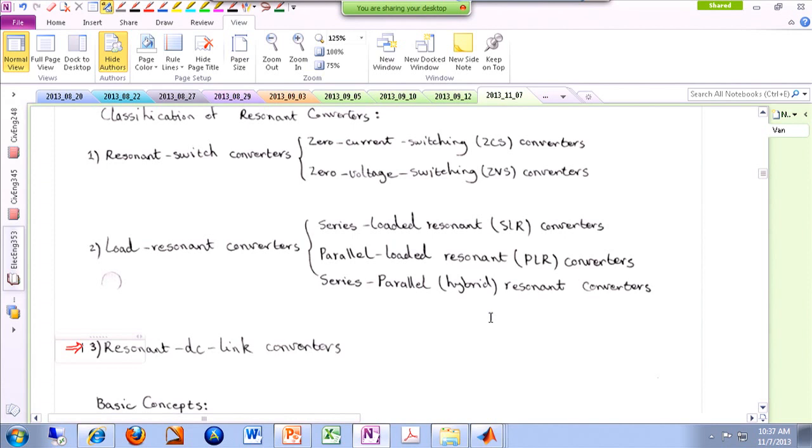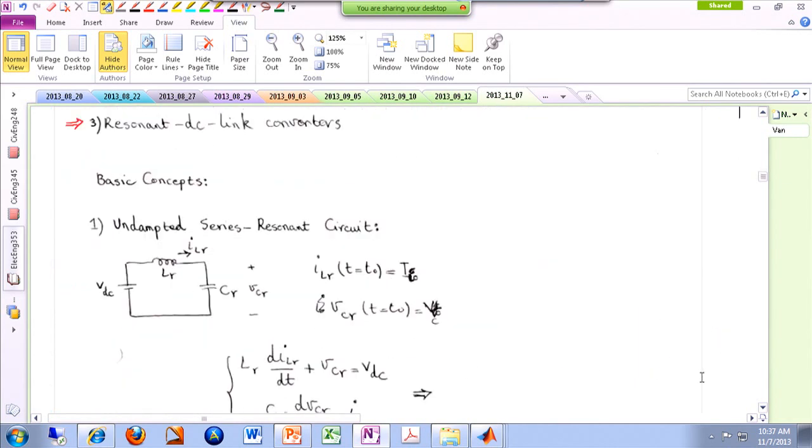So as soon as this term resonance comes in, we should prepare ourselves for analyzing resonant circuits. And I believe this is not in your textbook. This comes from Dr. Mohan's book.